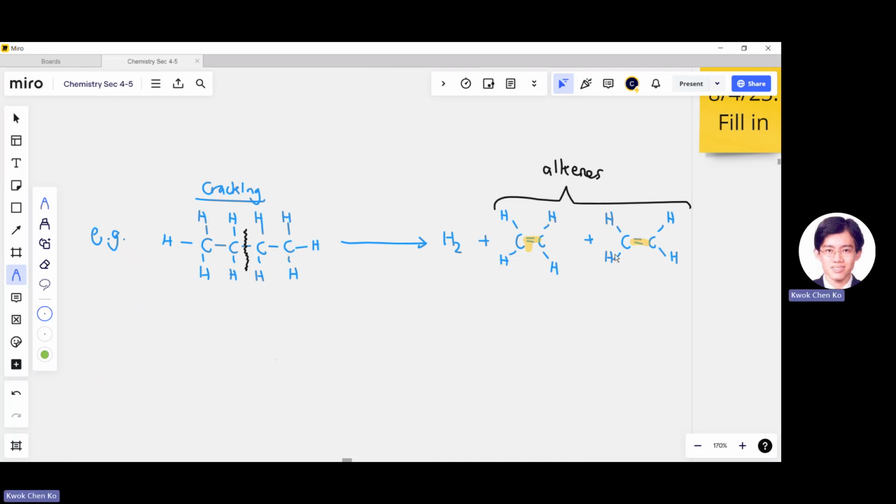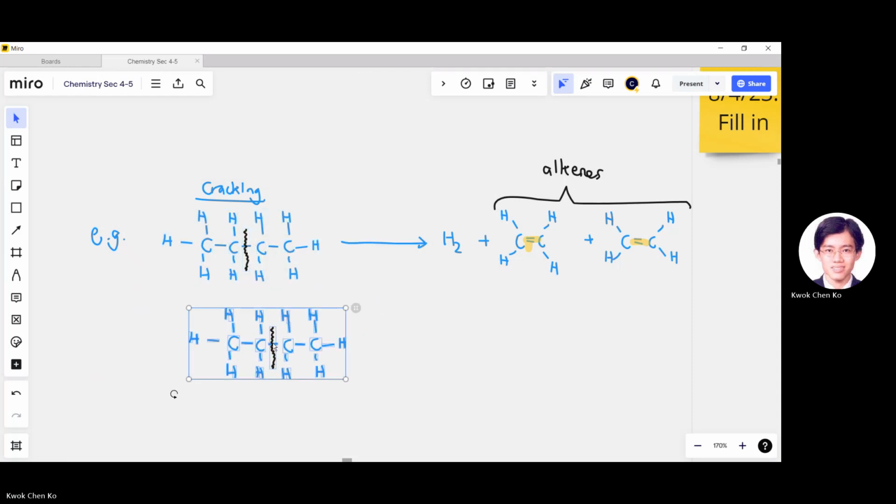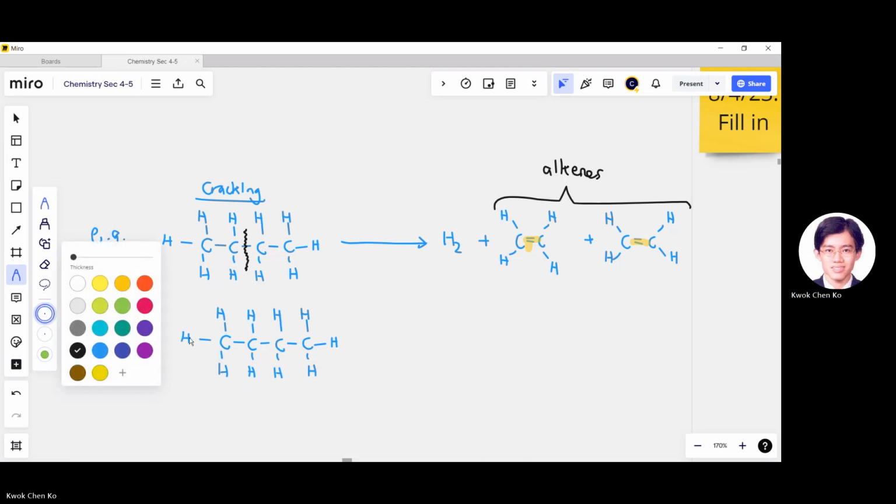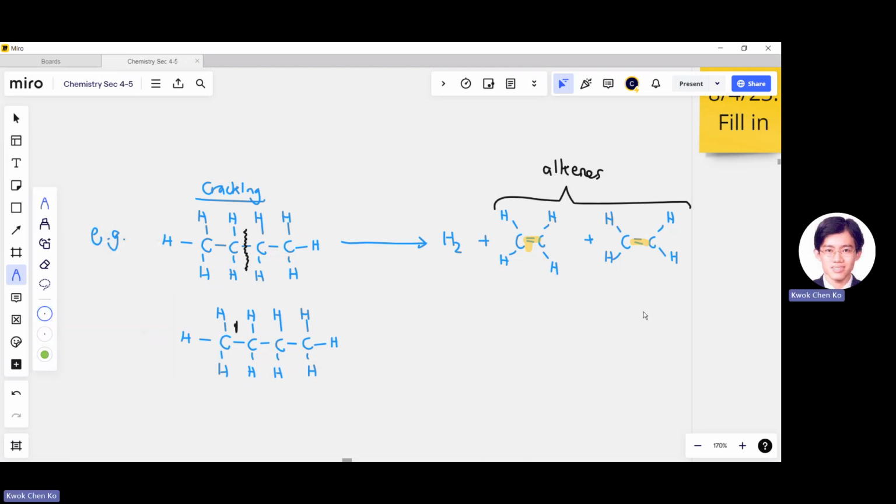Okay, but that may not be all. I can give you this example too. Same reactants. What if I crack here? Actually, you can't control it, by the way. In real life, you can't really control. It's quite random, to a certain extent. So what will I get?